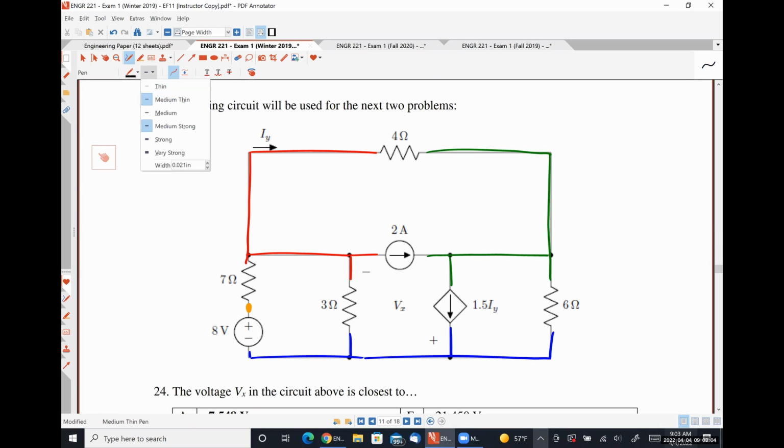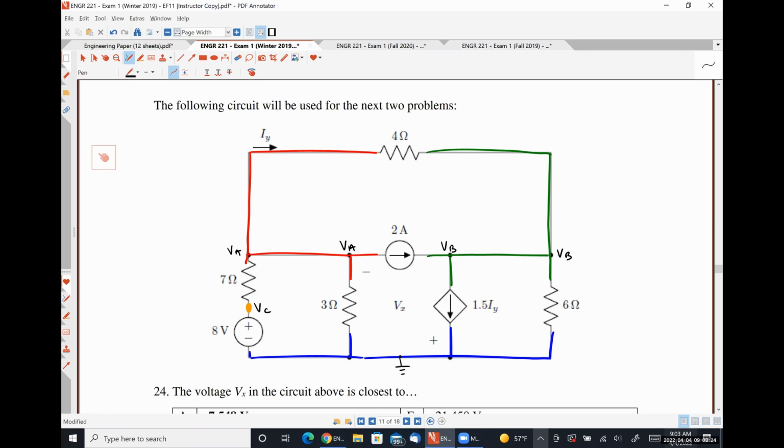So I would choose the bottom node to be my reference node. Let's call this VA, which makes this one also VA. This is VB, and this one is VC.